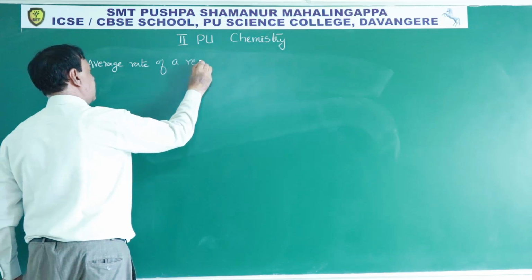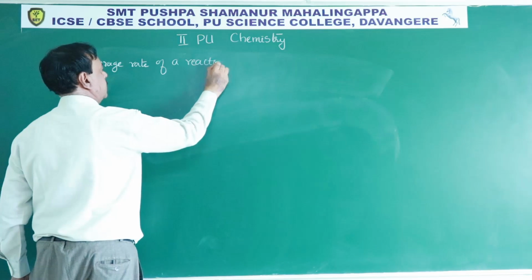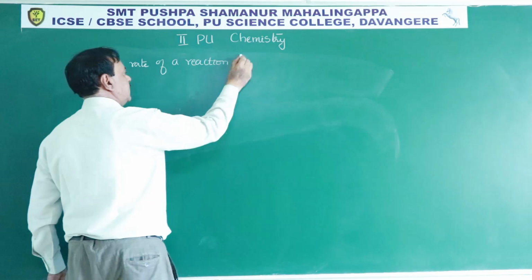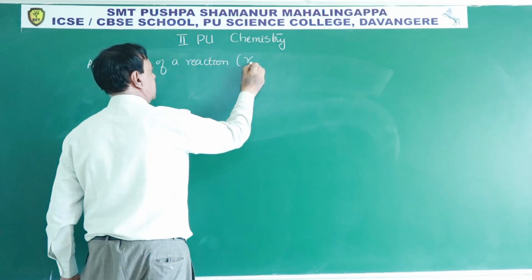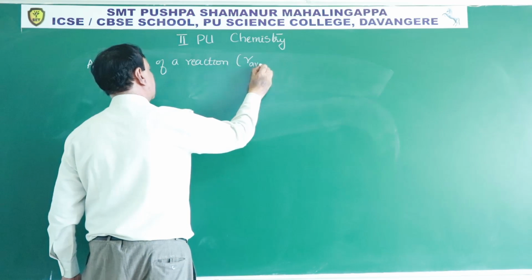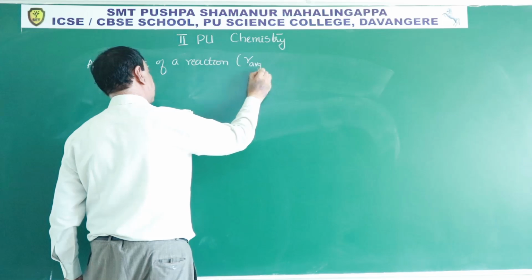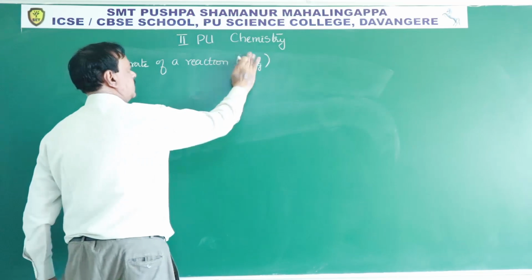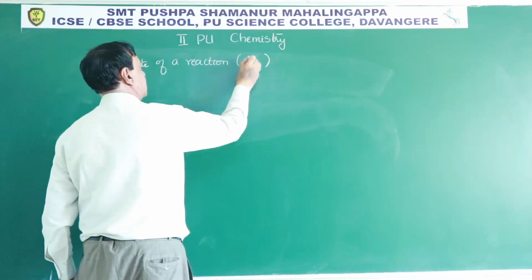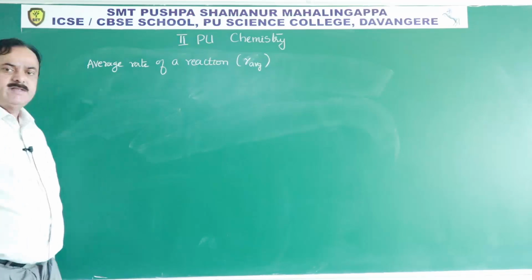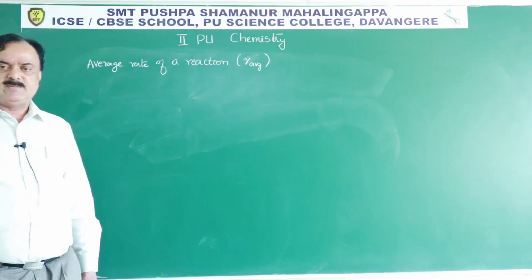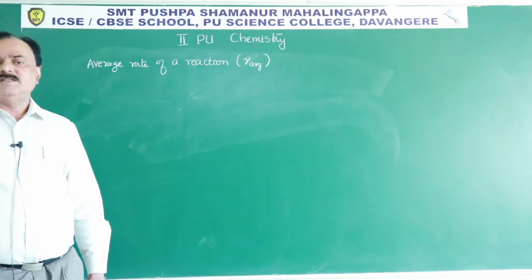It is represented by R average. The instantaneous rate of a chemical reaction is represented as R instantaneous.